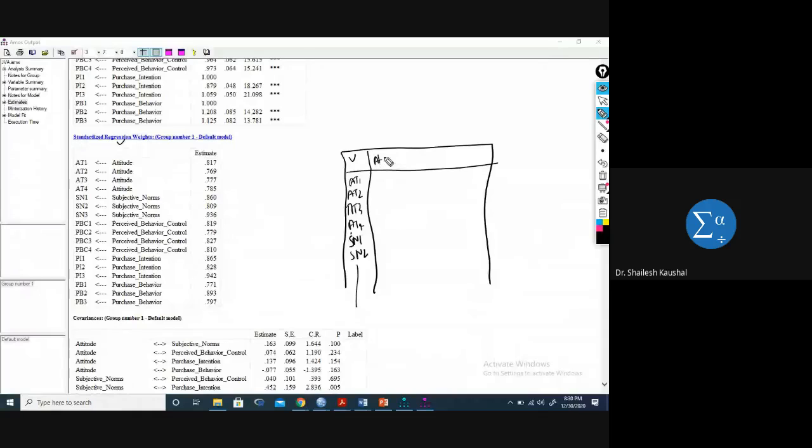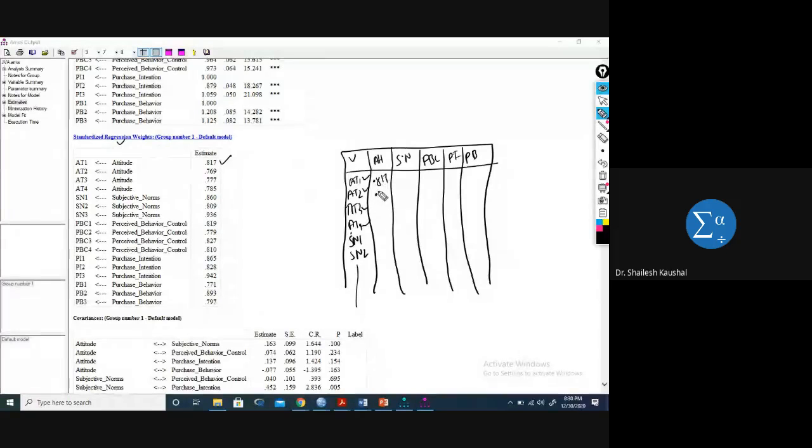First attitude, second subjective norm, third perceived behavioral control, then purchase intention, and then purchase behavior. So what are the values? For A1, A2, A3, A4, these are the values: 0.817, 0.769, 0.77, 0.86.